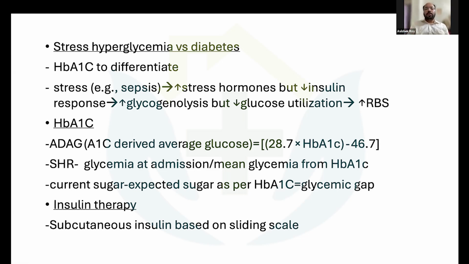If your sugar levels are below or above that, it is either a relative hypoglycemia, a relative hyperglycemia, or the stress hyperglycemia I just spoke about. The glycemia on admission divided by the mean glycemia derived from the HbA1c gives us the stress hyperglycemia ratio, which is again a marker of sugar control in our ICU. And the current sugar minus the expected sugar as per the HbA1c is known as the glycemic gap.